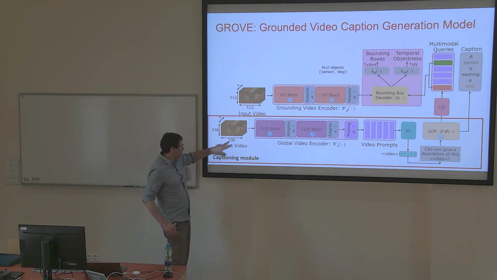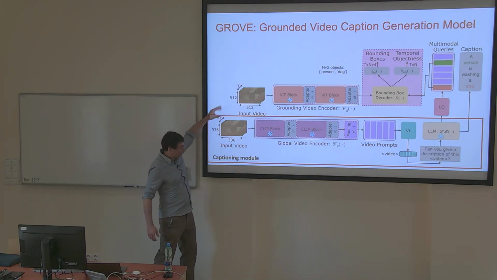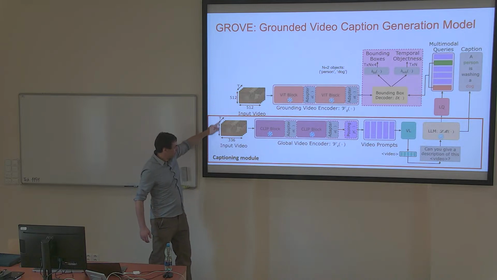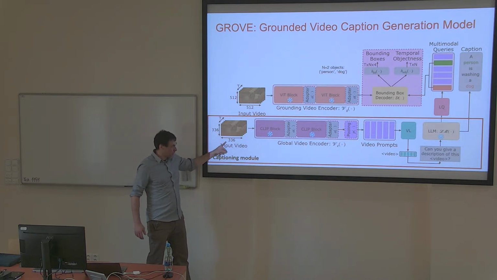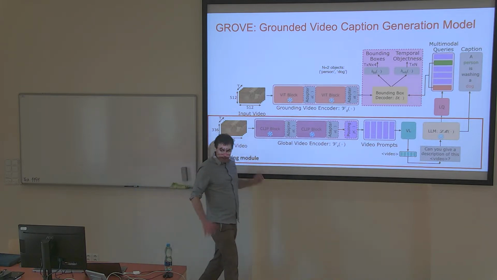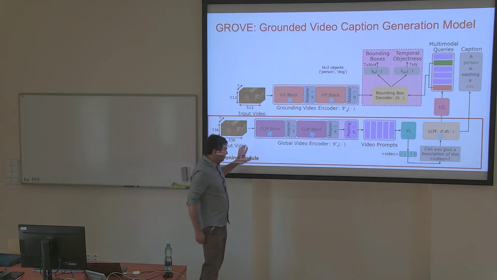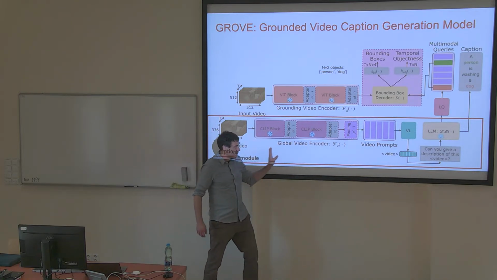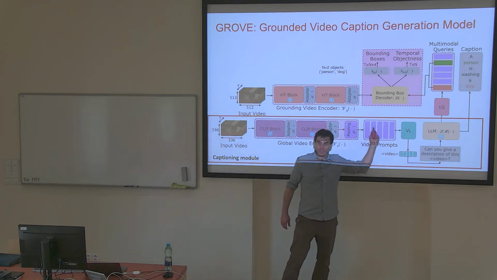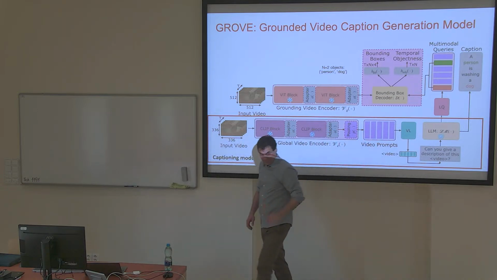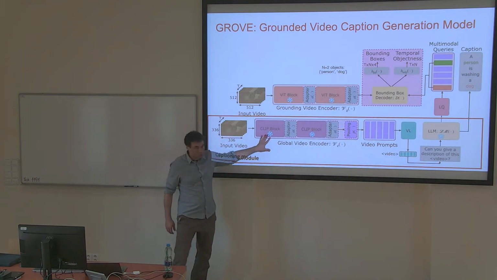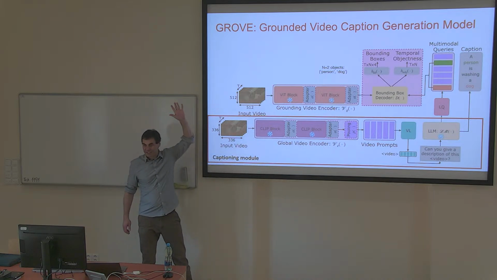So it's an input video. You see it's a lower resolution than here, which I'll come back to, and it has time and 336 pixels. Then I guess yesterday you saw Michal showing you a similar architecture. I'll build on what he's shown here. The first block is a video encoder, so it outputs a representation of the video. And the first blocks often used are what's called CLIP. You've seen CLIP yesterday, yes?